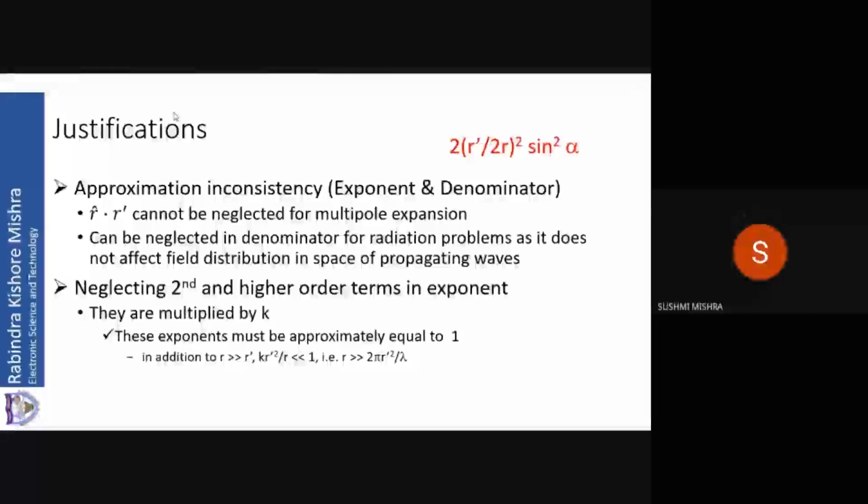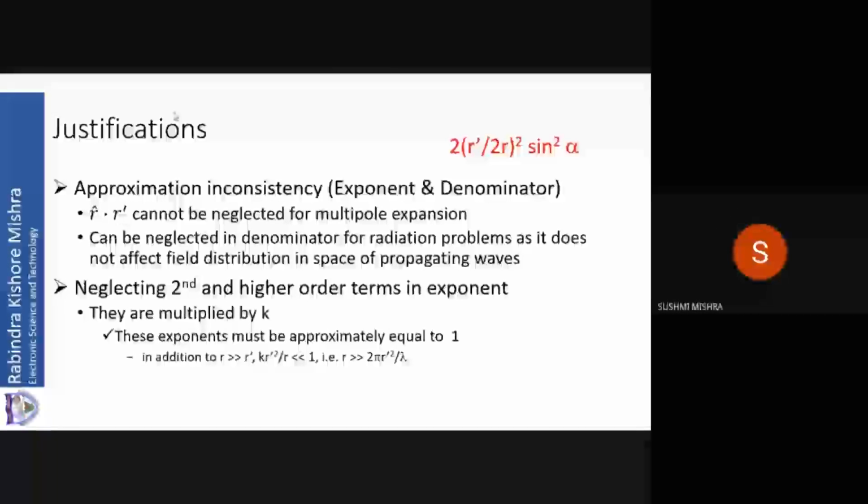In addition to that, the second approximation required for neglecting the second and higher order terms in the exponent is that k r dash square upon r must be much less than 1, which must approach 0, so that the exponent terms due to this k r dash square upon r will be equal to 1.